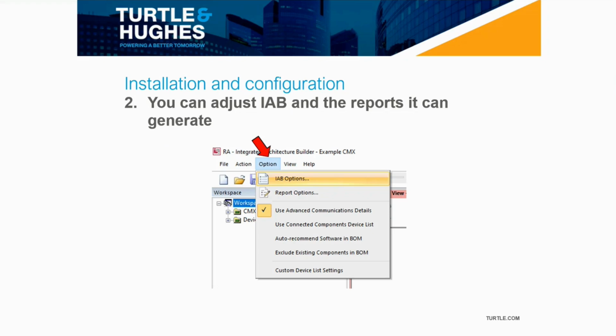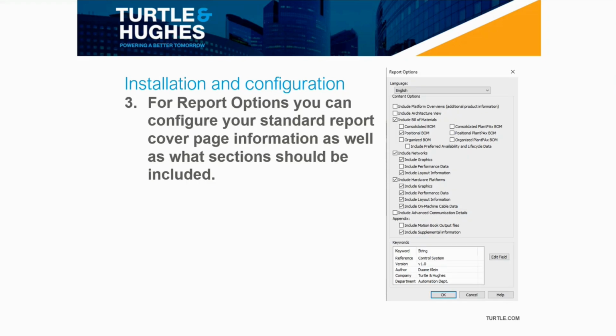As an example, in the report options section, you can configure what your standard report cover page is going to look like and the contents. I know it might be a little bit small, but as you can see here, when I'm working on a project, there are certain things I want to include and don't want to include.